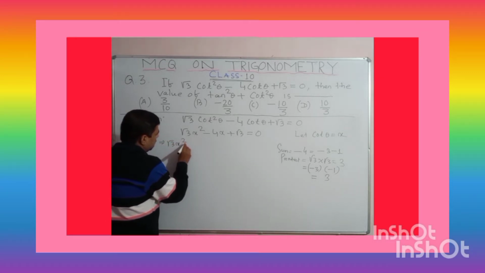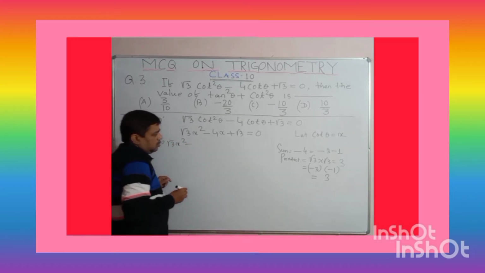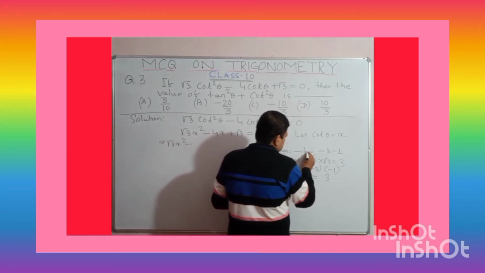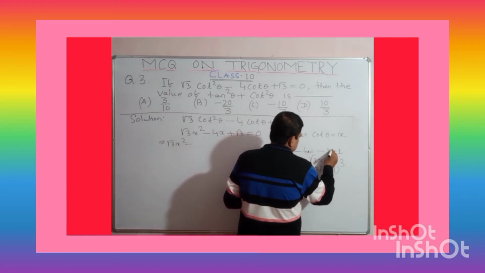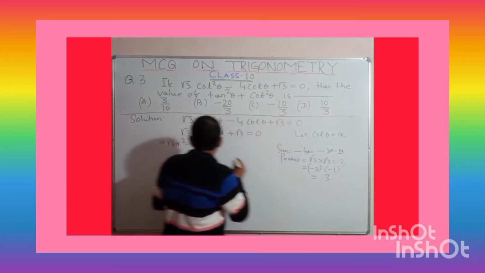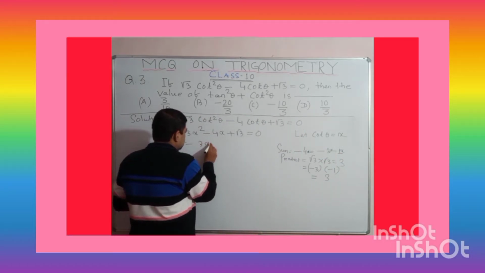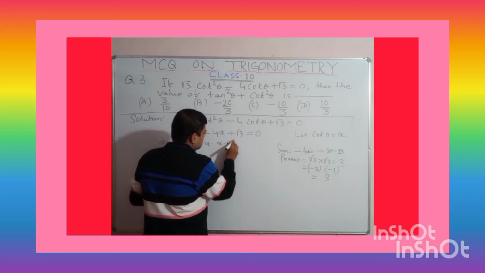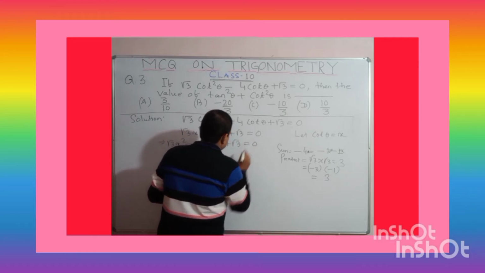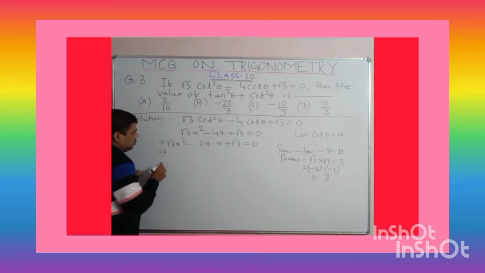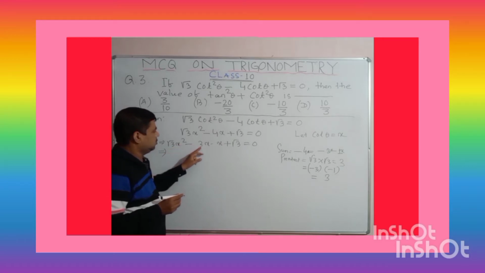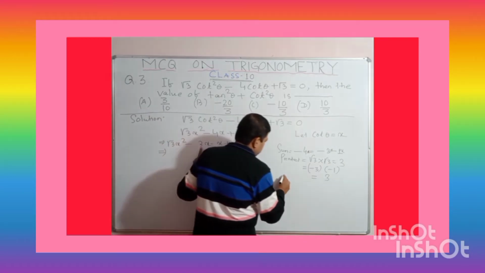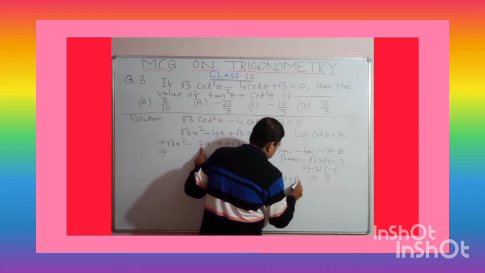So root 3x square minus 4x, we split it into minus 3x and minus x, plus root 3 is equal to 0. So that implies, can you bring the common here, root 3? 3 means root 3 multiplied by root 3.